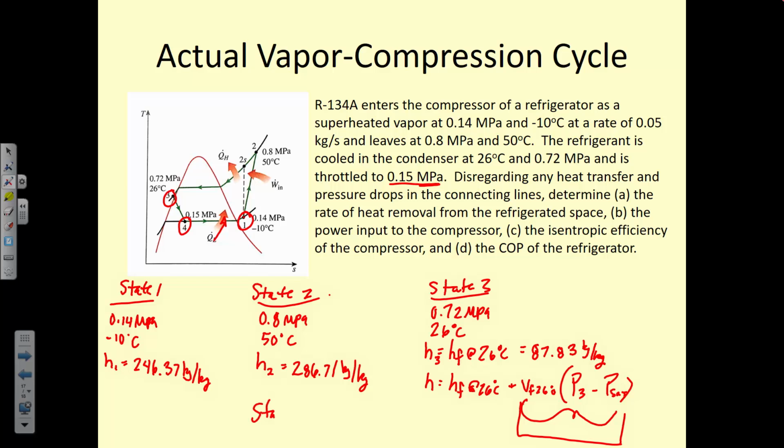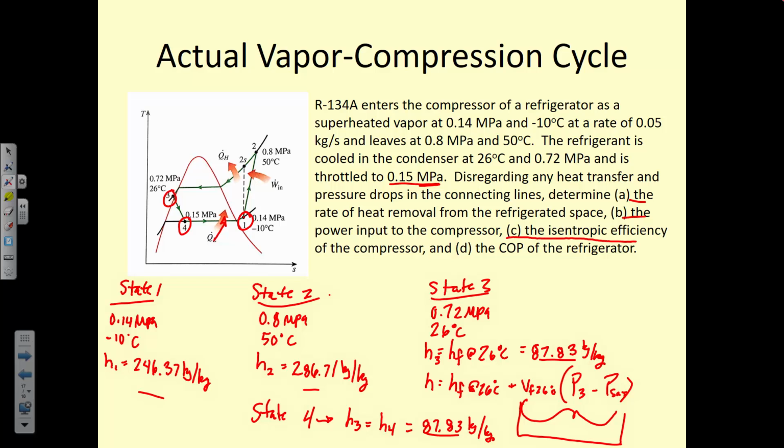And so state 4, H3 is equal to H4 is equal to 87.83 kilojoules per kilogram. Okay, so we know H1, H2, H3, and H4. That should be enough for us to calculate the first 2 parts of this problem, part A and part B.